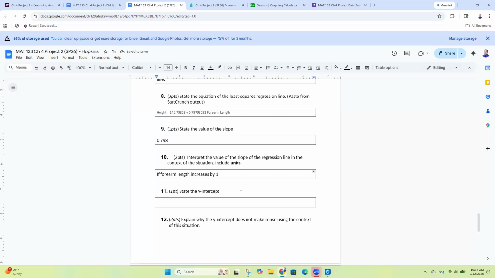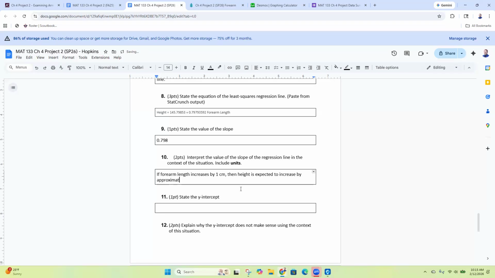The unit on x, we were supposed to be measuring these in centimeters, right? Then y, which in this case is height, is expected to increase by approximately, and then you write out what the slope is, 0.798 centimeters.